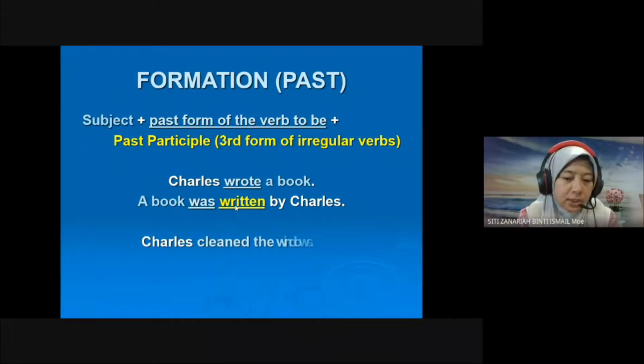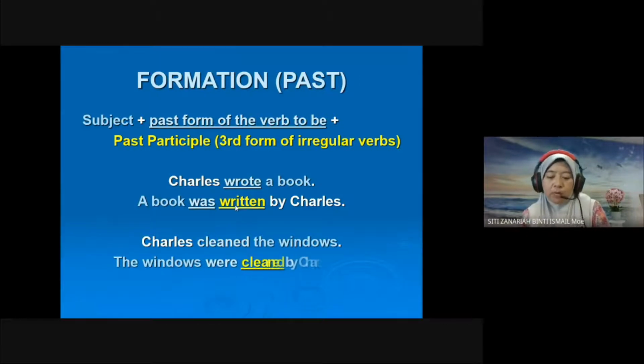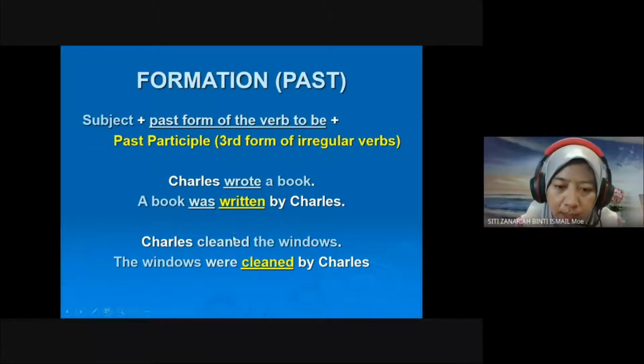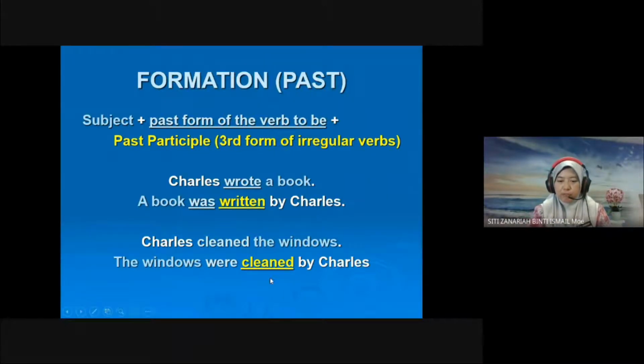Okay, the next sentence, Charles cleaned the windows. It is written in the past tense form. When it changes to the passive voice, the windows were cleaned by Charles. As I told you before, clean is a regular verb. So for the regular verb, you just add ed when it changes to past tense form.